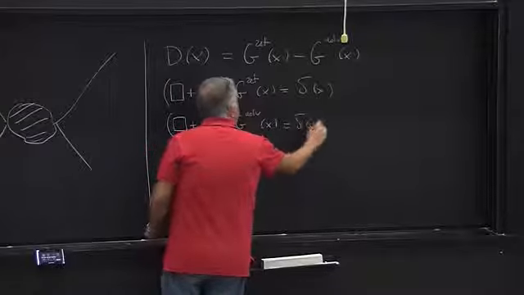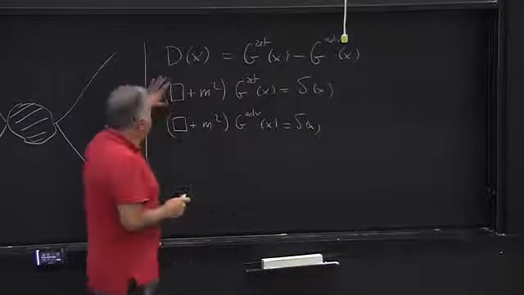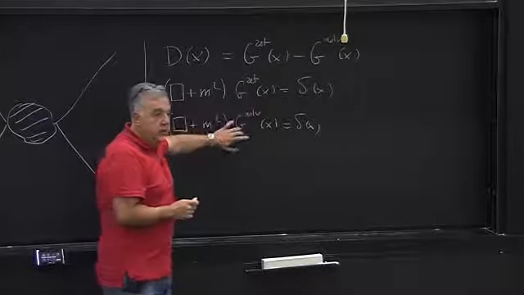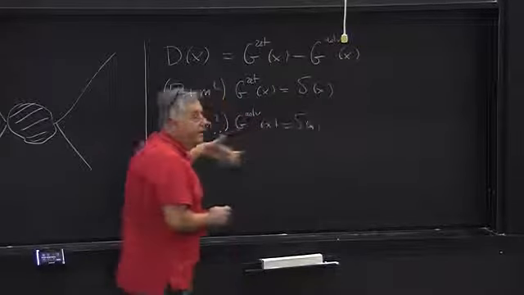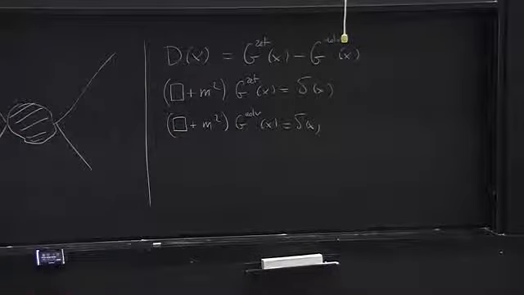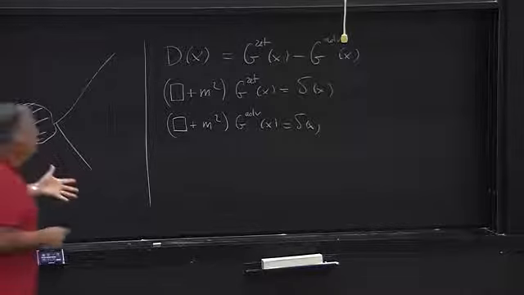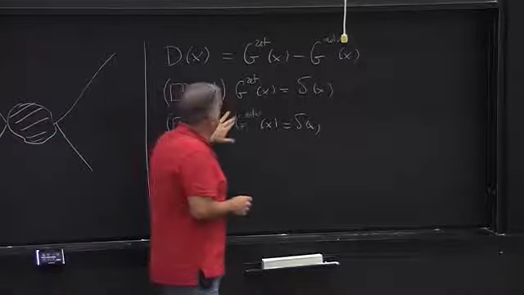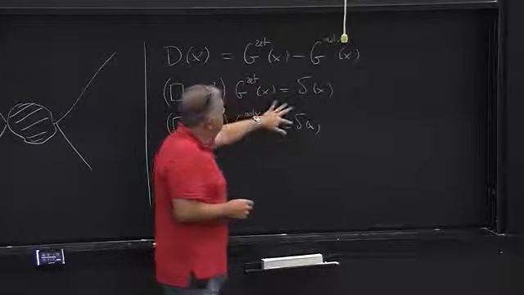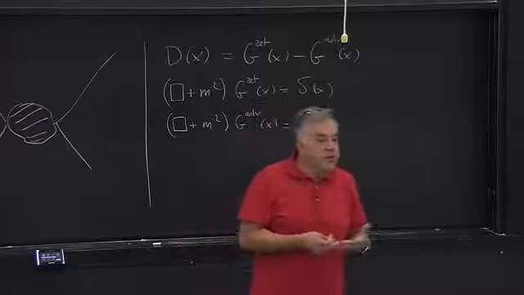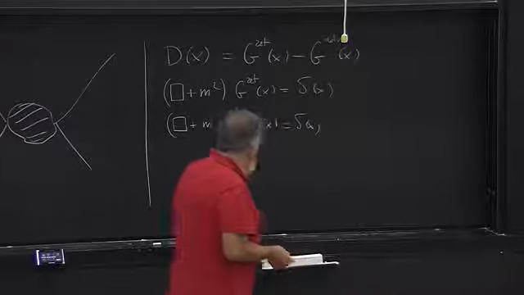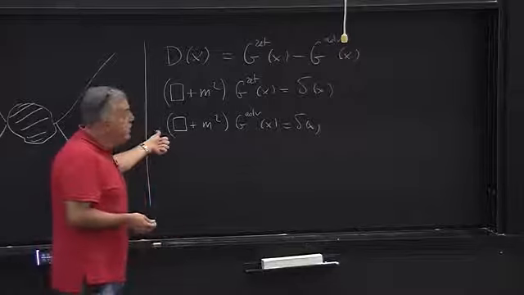I only use the name propagator for distributions solving the equation with a delta term here, while in certain contexts you can find the name propagator also for this function because it propagates the initial data. But in quantum field theory, you call propagators solutions of this equation, and of course perturbation theory is based on the use of the time-ordered propagator, which is a third way of solving this equation.